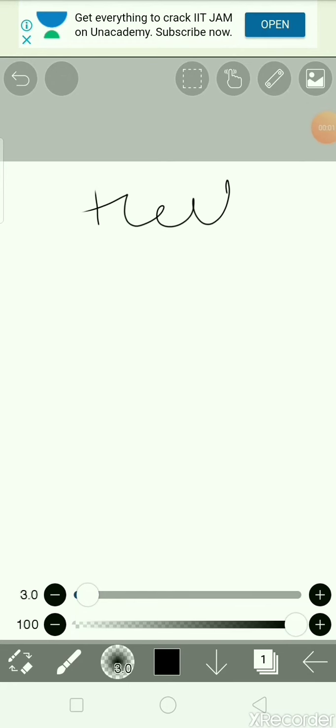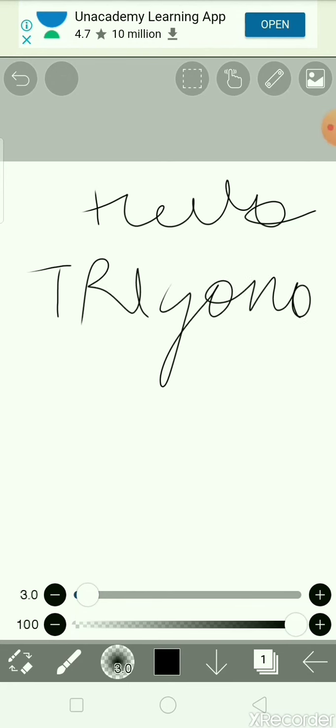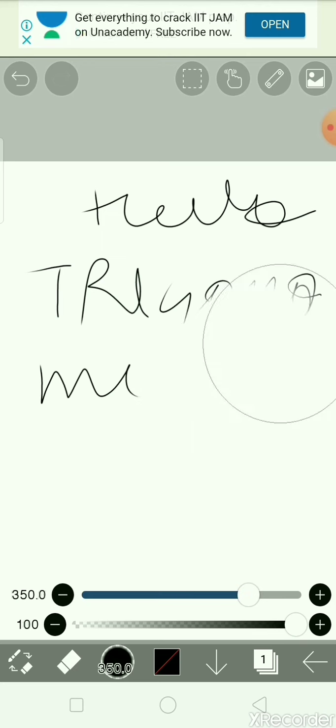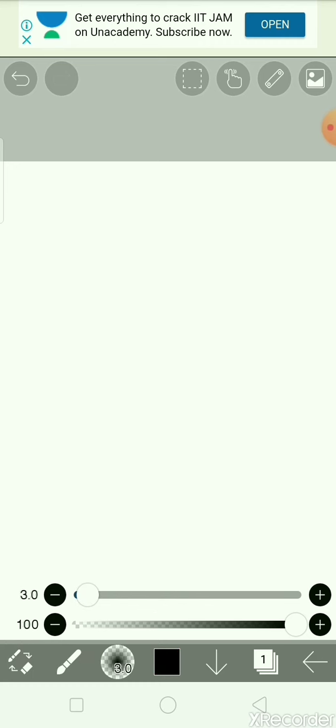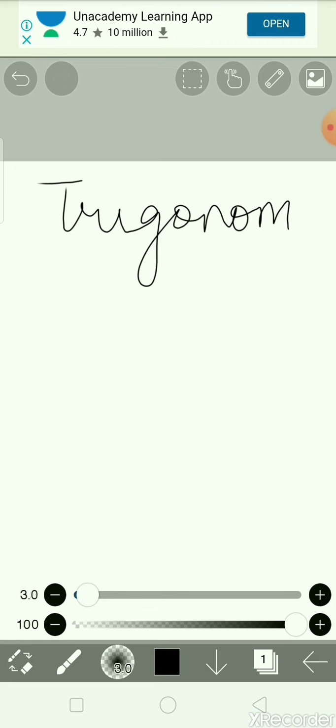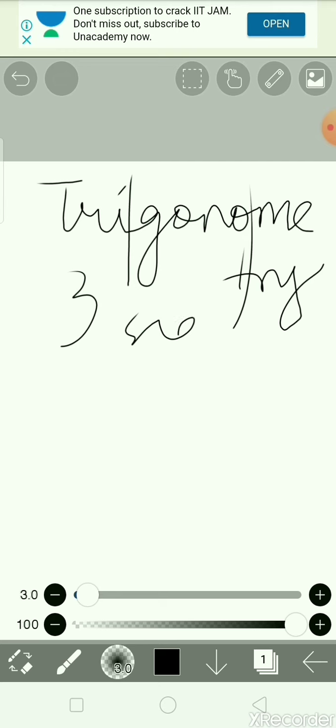So the word trigonometry is made of three subwords, three side measurement. So it's referring to a right angled triangle. Let's draw a right angled triangle whose one side is known and the other two sides are unknown.